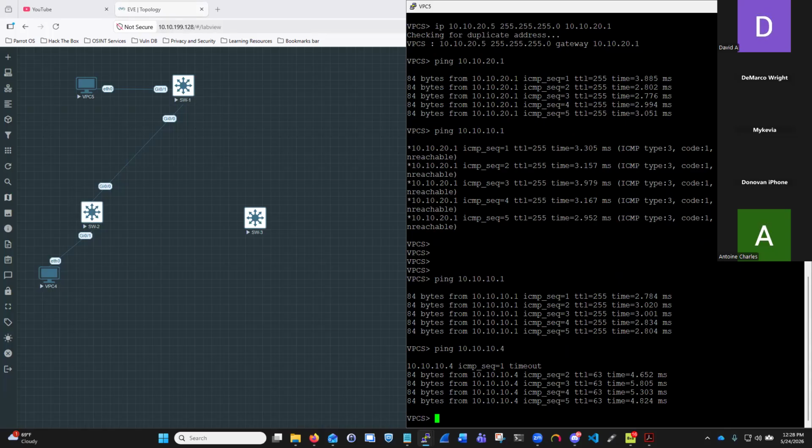I'm going through my checklist here. You guys learned about how to create a VLAN. You learned about how to configure VLAN trunking, and you went ahead and confirmed that. Let's take a look.